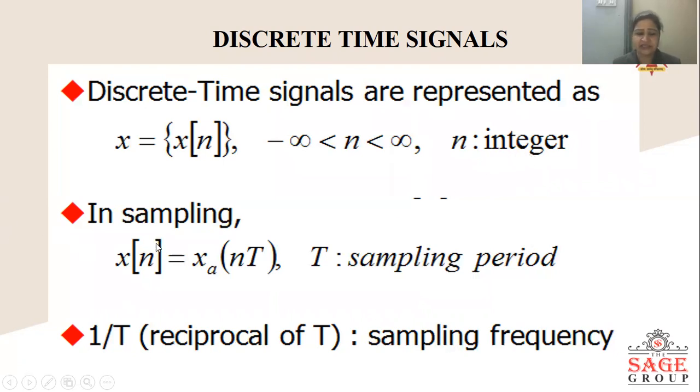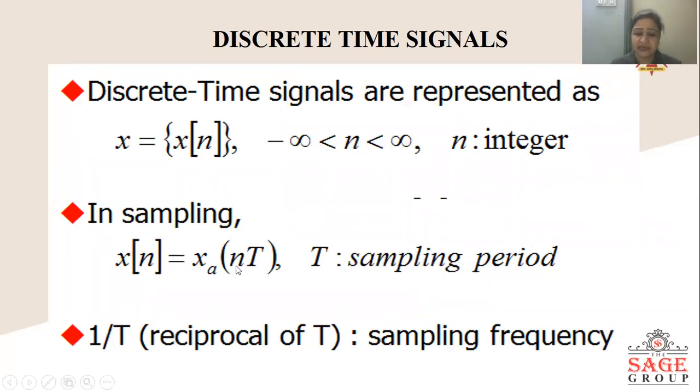As I already discussed, a discrete time signal is obtained by sampling of the continuous time signal. So I can represent it as x(nT), where T is the sampling period and n is an integer. Say if n is taking value 0, in that case, I'll get x(0). That means it is the value of the signal at t equal to 0.